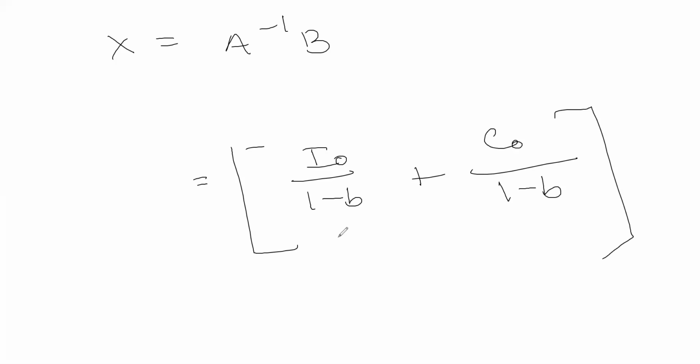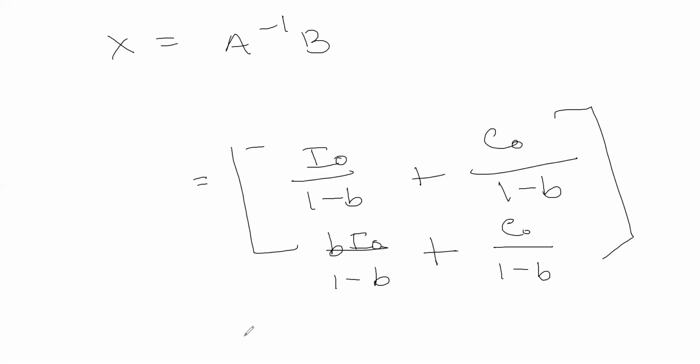And in the below, as there is a b there already, it will become b I naught divided by 1 minus b, plus C naught by 1 minus b, right?